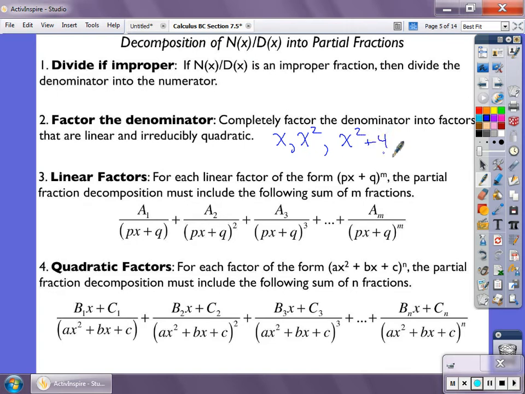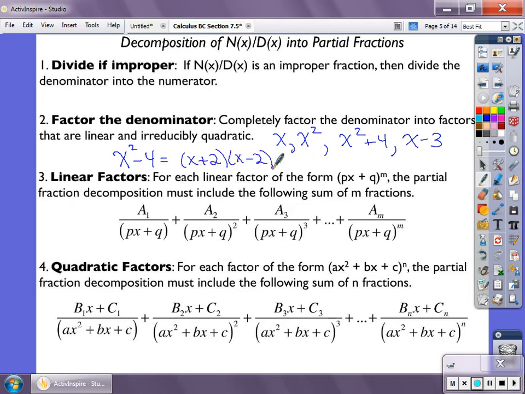Again, because these are irreducible, or this is irreducibly quadratic. This is a linear term right here. This is a repeated linear term, or maybe an x minus 3. Factoring into those. But we don't want to leave anything that can still be factored, like x squared minus 4. You don't want to leave that. You want to say that's x plus 2 and then x minus 2.